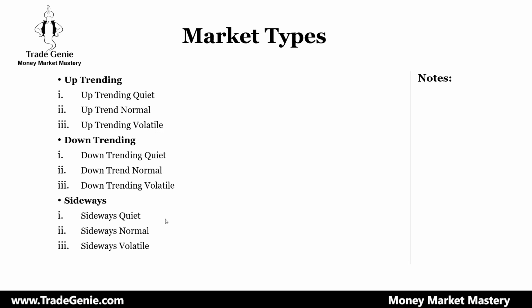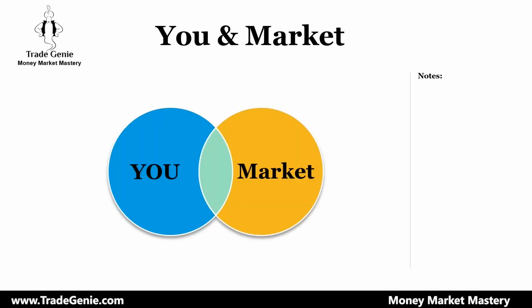So having known this, match it with you, and when it matches your style, that's where you say, okay, I want to invest in that market. So keeping that in mind, I created this slide as a Venn diagram.